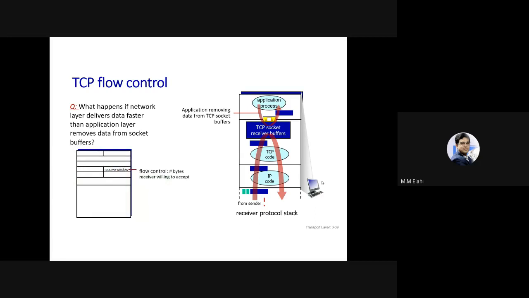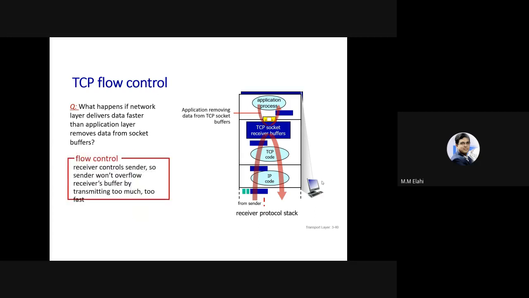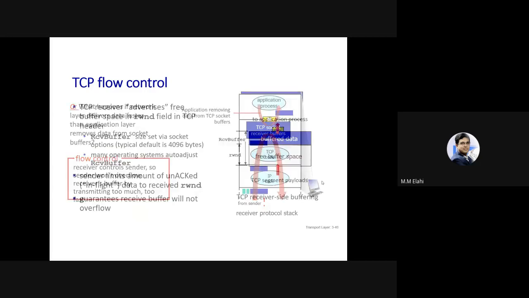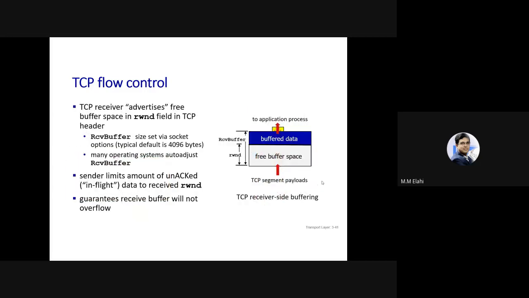And this is controlled by receive window. Already we have shown that. And how this is calculated, see here it is showing. The entire buffer is the receive buffer. If you can see here, the total size is the receive buffer. Then the blue shaded area is the buffered data, that is the segments already received. And the off-white part, or the very light colored space, this is the free buffer space.